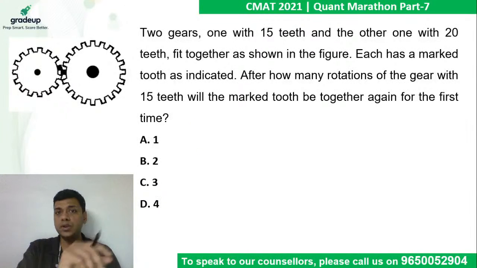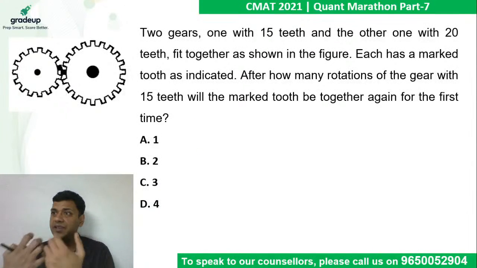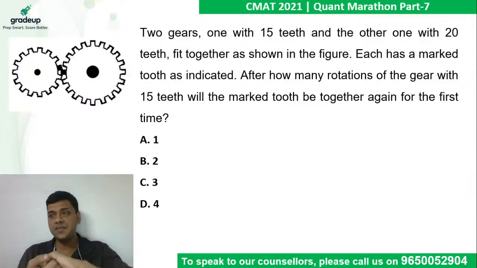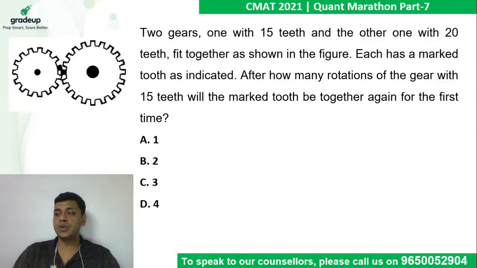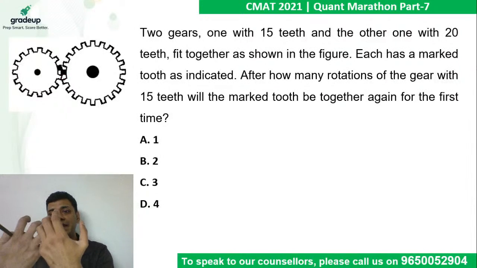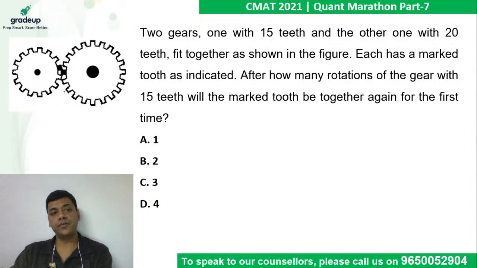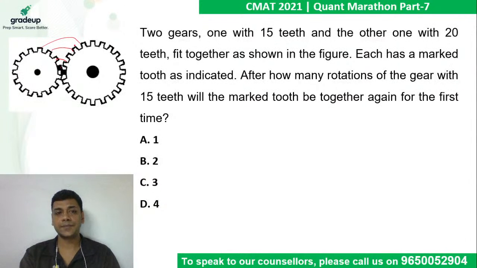Okay, so there are two gears which are working with each other. They are fixed as shown in the figure. So this is one. Now how will my gear work? With each and every tooth, the next tooth will fit in. So after this will come here, this will come here, and it will move like this only.